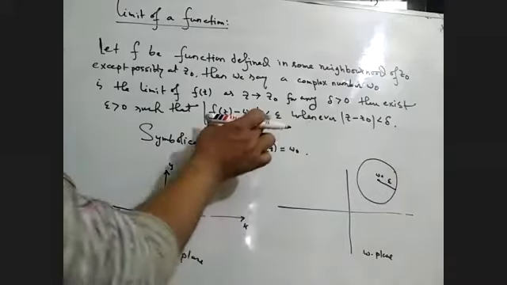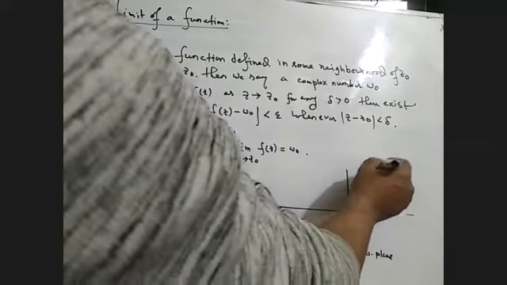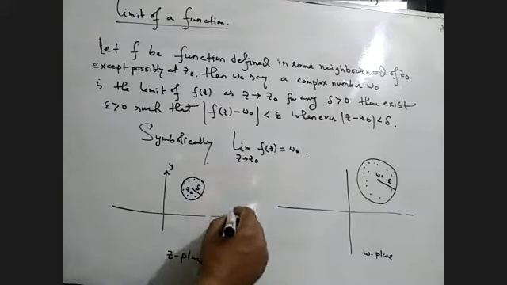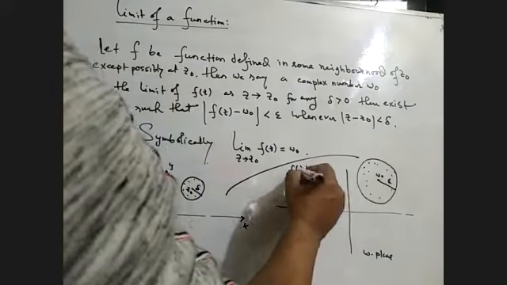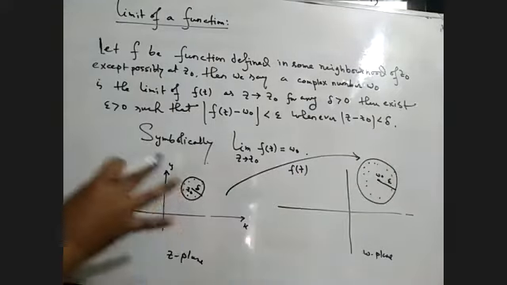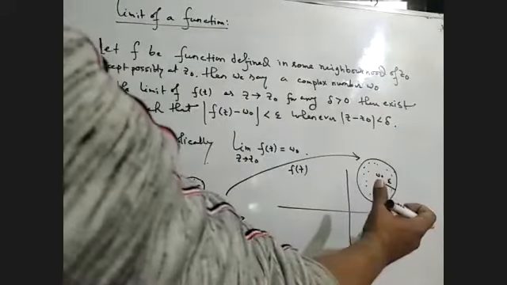So the neighborhood of this will be inside the circle. And this is actually the function f of z. This is the input variable z, and we get the output here.